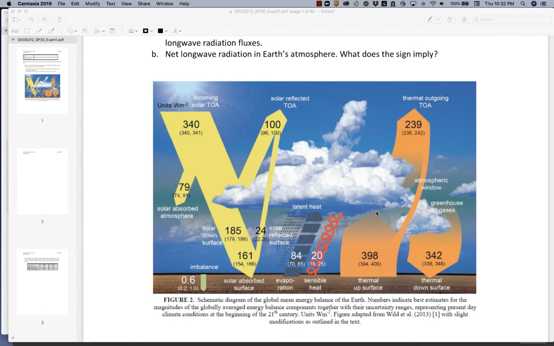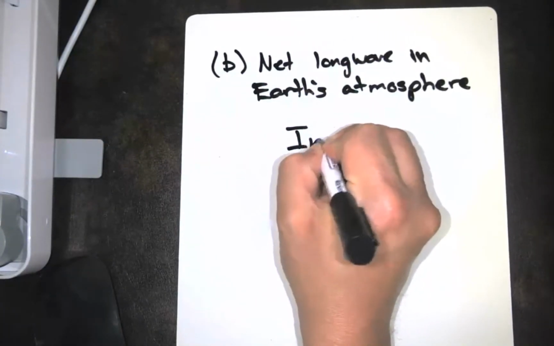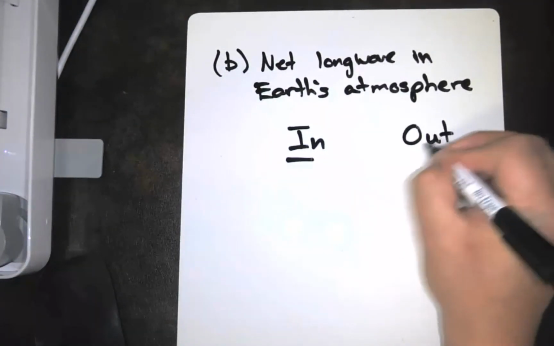And so if this is my system here, if I'm drawing a box right around this cloud in the vicinity of these orange arrows on the right here, again, I'm just going to write what's coming in and what's going out.